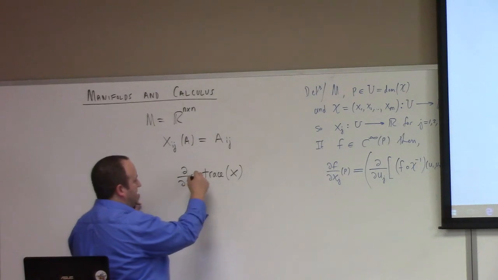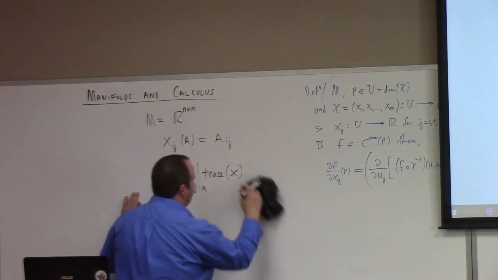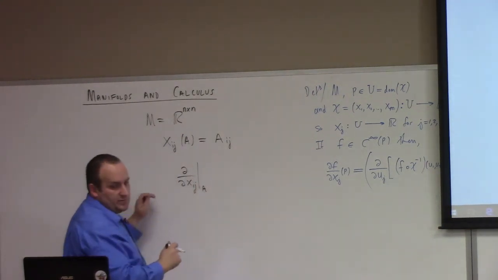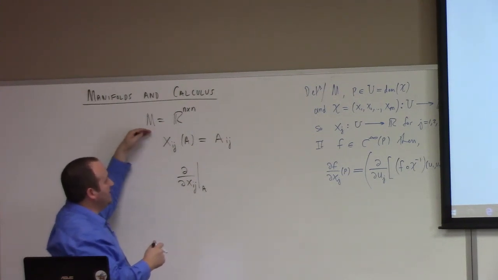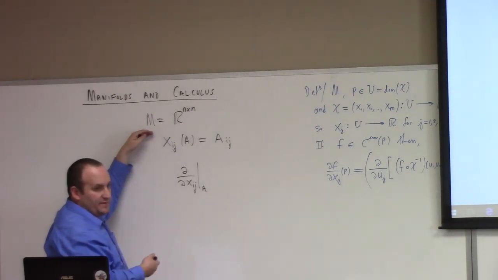But my larger point is that this would give you a derivation on smooth functions, from smooth functions that take in a matrix and output a number. I'm trying to think of a good example. How about this?